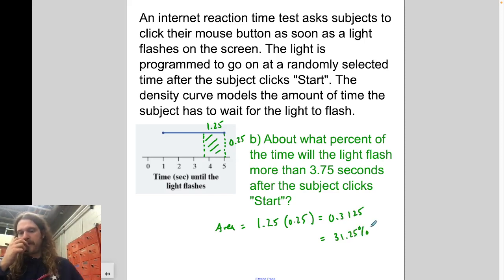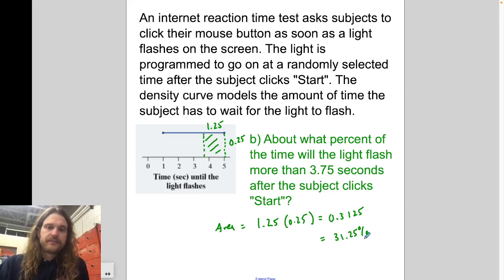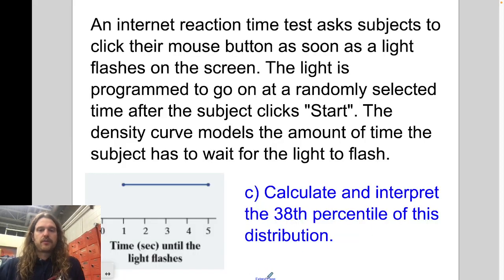So roughly 31% of the time, the light is going to take longer than 3.75 seconds after the subject clicks start. Last question regarding this problem.